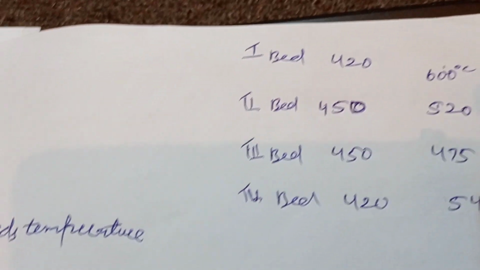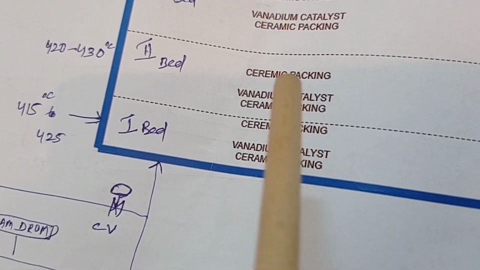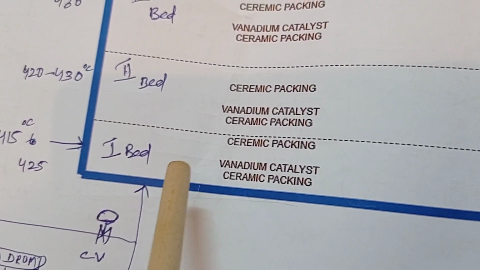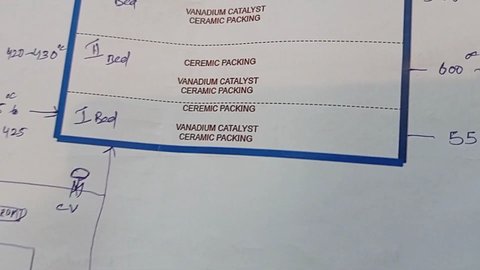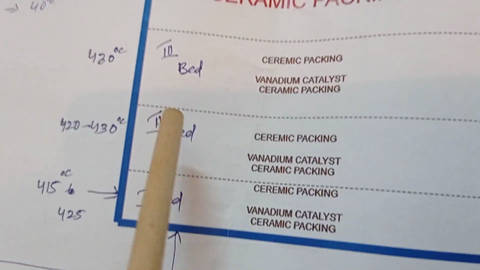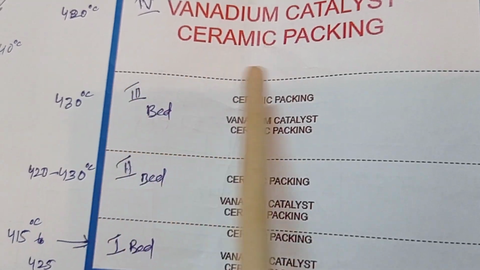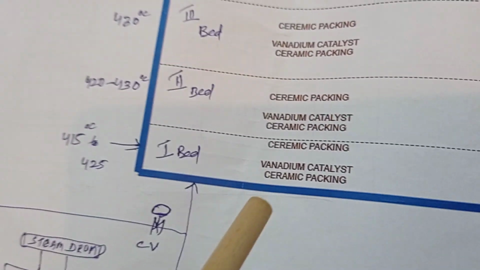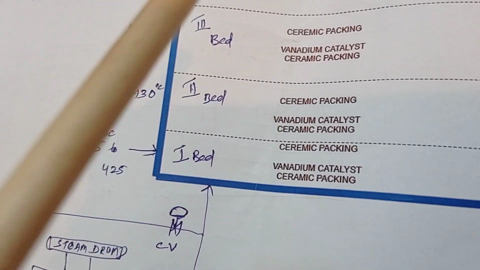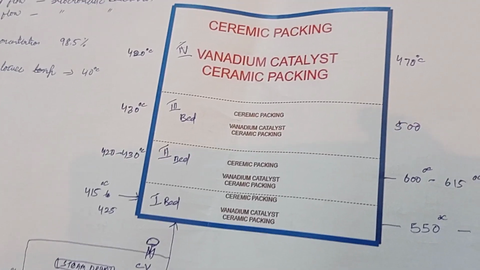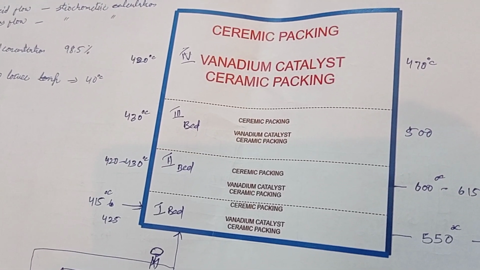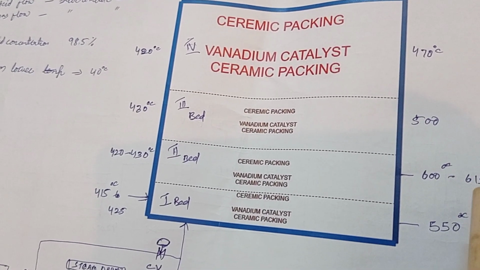Why? Because it all depends upon the catalyst you added. If in the first bed you added more catalyst, then more reaction takes place and you will have high temperature. And if you take more catalyst in the third bed, reaction takes place there and high temperature. So we keep this catalyst in different beds to manage the temperature of the plant, so that we can easily quench the temperature.